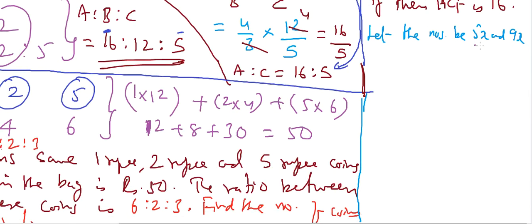So to find HCF, what to do? See the numbers, whatever common factors are here, say x is common in both. For the common factor, we need to take the least power, isn't it?